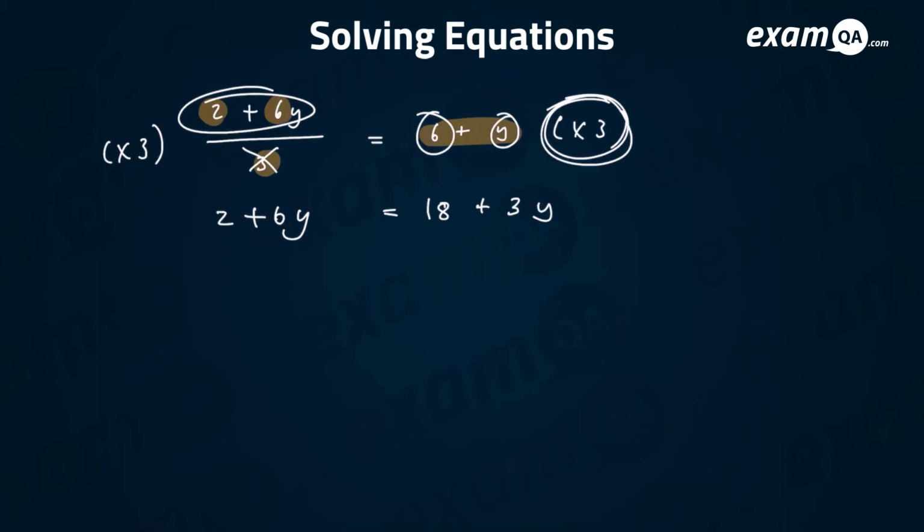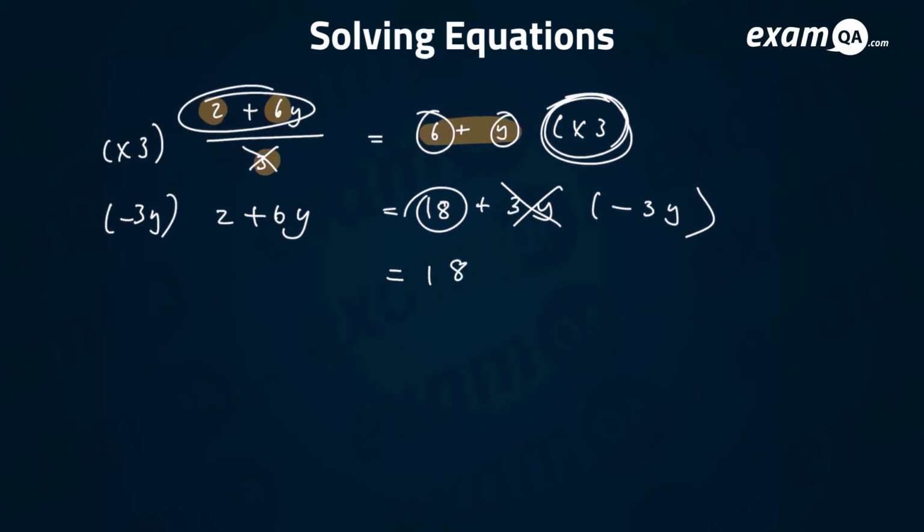What do we have to do now? Bring all the y's to one side. So we've got a smaller y here. I'm going to get rid of that 3y by doing the opposite. I'm going to minus 3y from both sides. So this is gone. I'm left with the 18 by itself. And we had 6y. Now we're minusing 3y. So I'm left with positive 3y. 6y minus 3y is 3y. And we still got the 2. Now, how do we get rid of this 2?